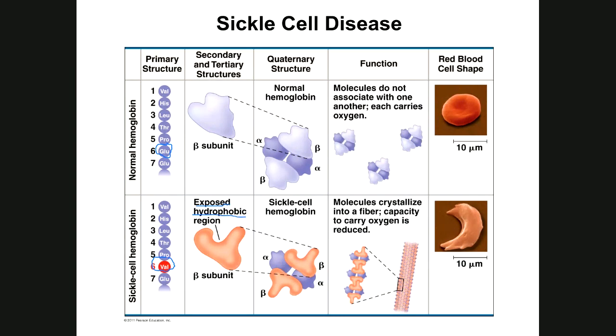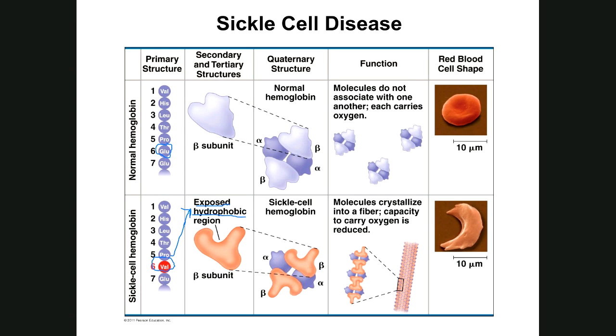That hydrophobic amino acid. Now what happens is as these misfolded beta subunits come together, forming your hemoglobin molecule, the red blood cell produces many of these.